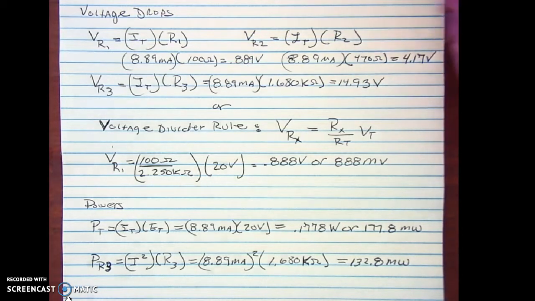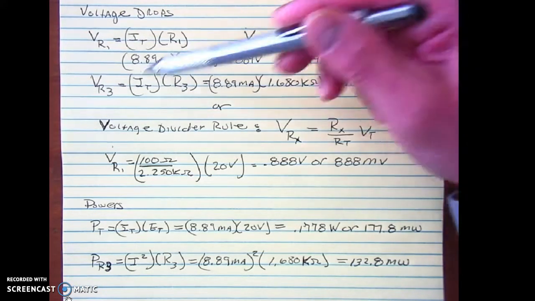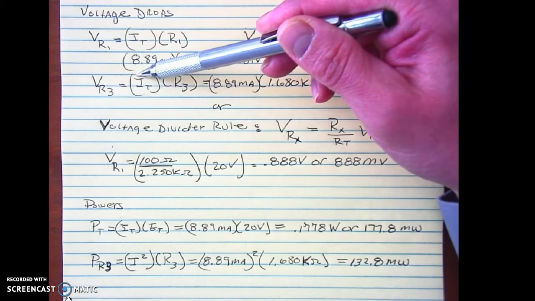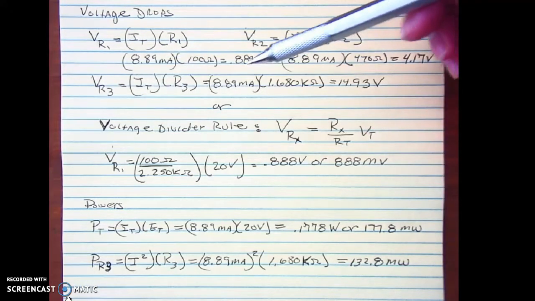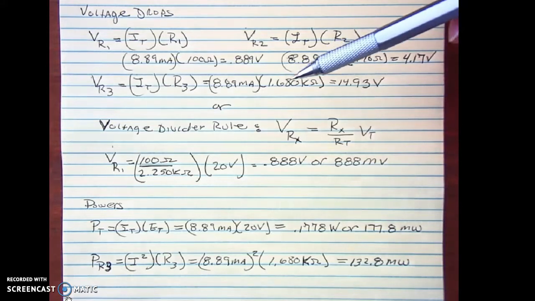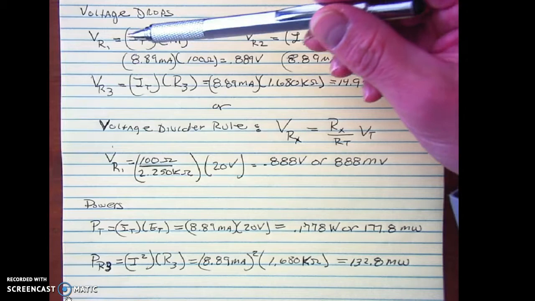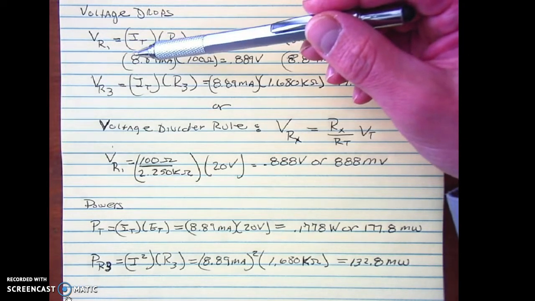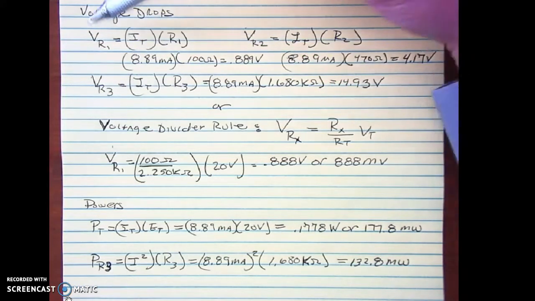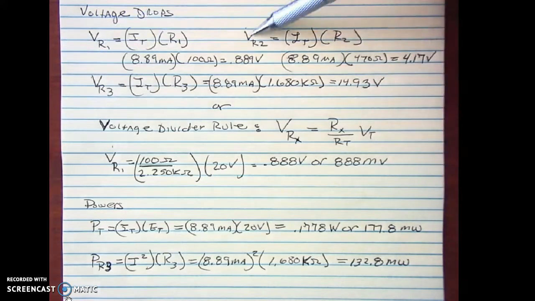Now, what's interesting here is you take VR1, VR2, and VR3, and you add them together, we should obtain close to 20 volts. And that's called Kirchhoff's voltage law. Kirchhoff's voltage law states that if I take the voltage total and I subtract all my voltage drops, I should become close to zero.